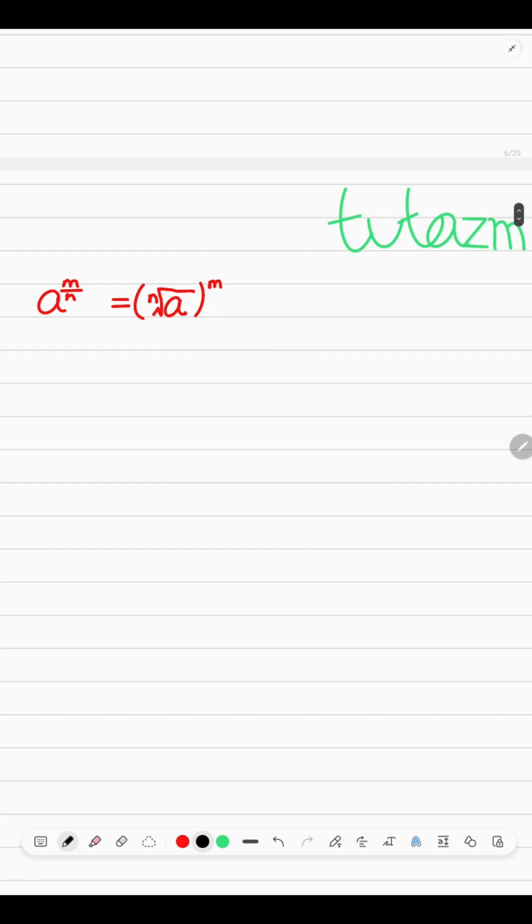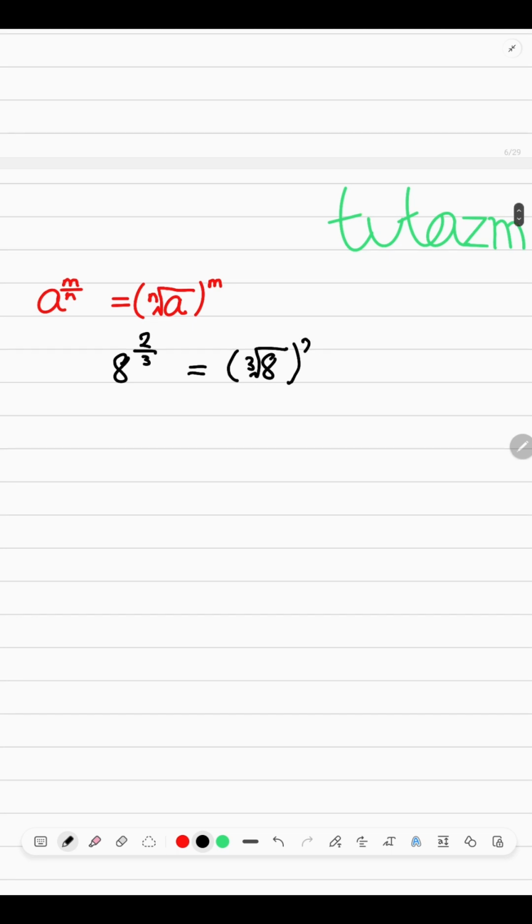So that means that if, for example, you have 8 to the power of 2/3, the resulting number would be 8 to the cubic root, because 3 is the denominator, and then all of that is raised to the second power. So you'd have 2 squared, which would just give you 4.